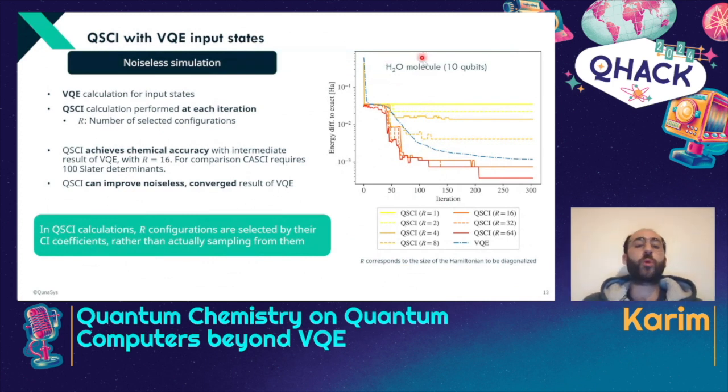For these small molecules, it has similar performance, but with a smaller number of resources. CASCI is a classical CI, and you see that for this one, you would be diagonalizing a system with 100 Slater determinants, whereas using QSCI, you can do this with a 16-dimensional matrix, so 16 states in your subspace.